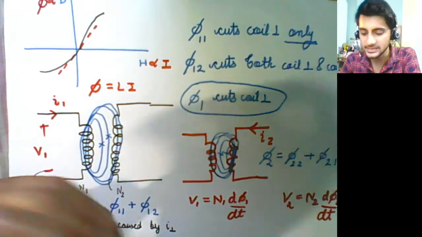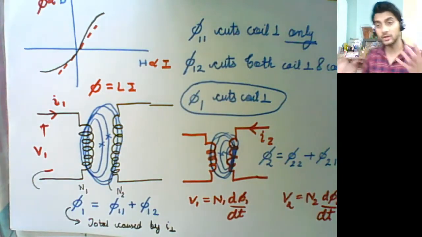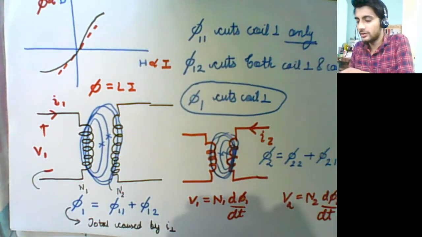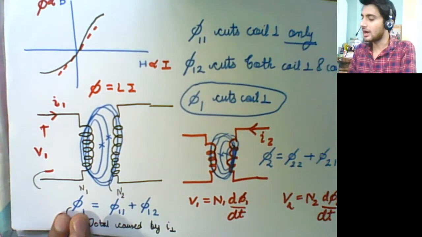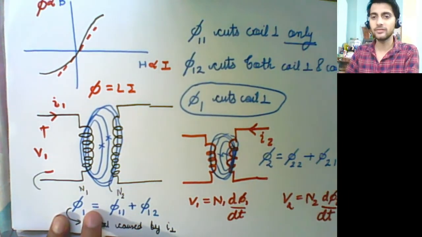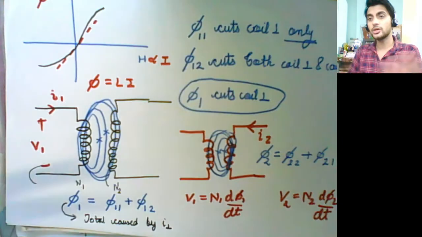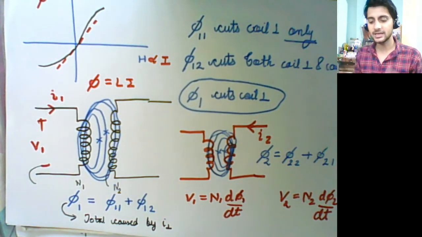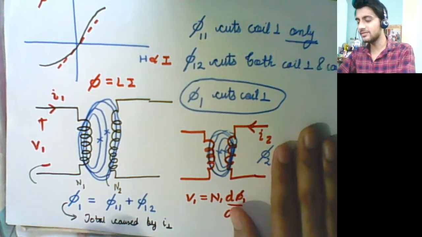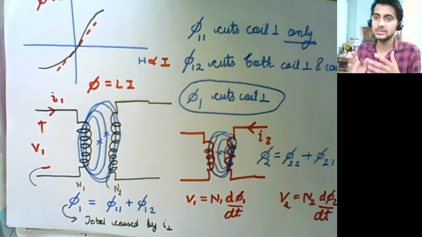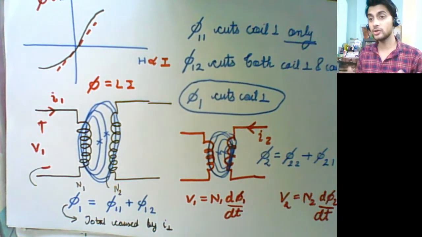So now let us consider what is going to be the total flux across it. So you have to take phi 1 and you also have to take phi 21, because if we want to study the effect of both currents, then we have to take both. If you only see phi 1, then you can deal with self inductances, but because you have to deal with mutual inductance, you also have to consider phi 21. Fine.